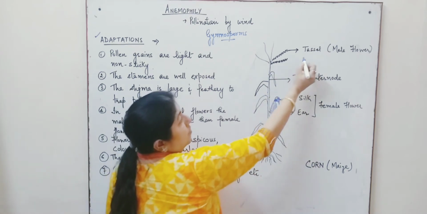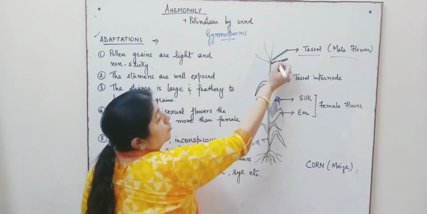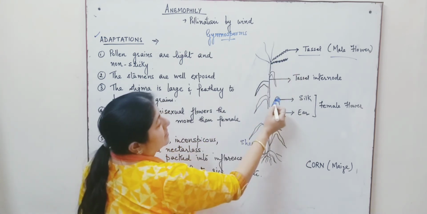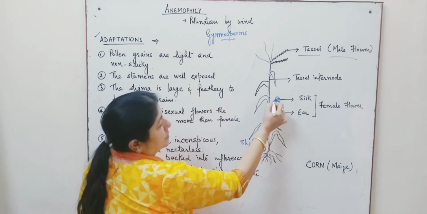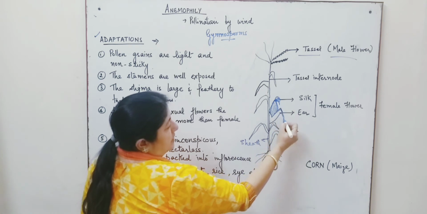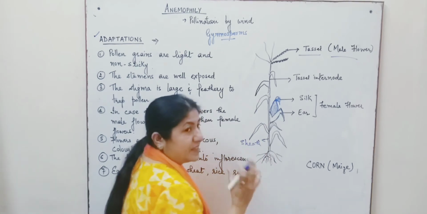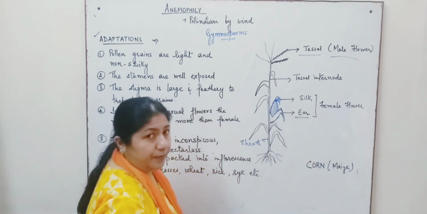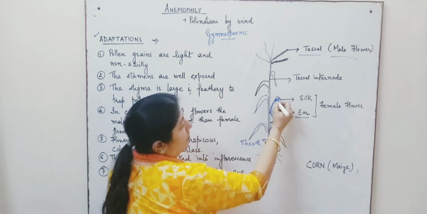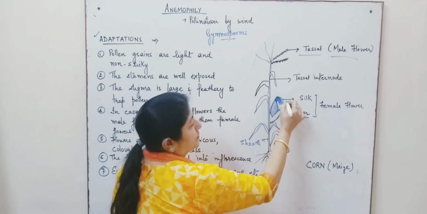So the tassel over here is the male flower, having a group of flowers, as you can see in the structure over here, and this is the female part. The female reproductive part is well protected with the help of a leafy structure, and it is known as the ear.